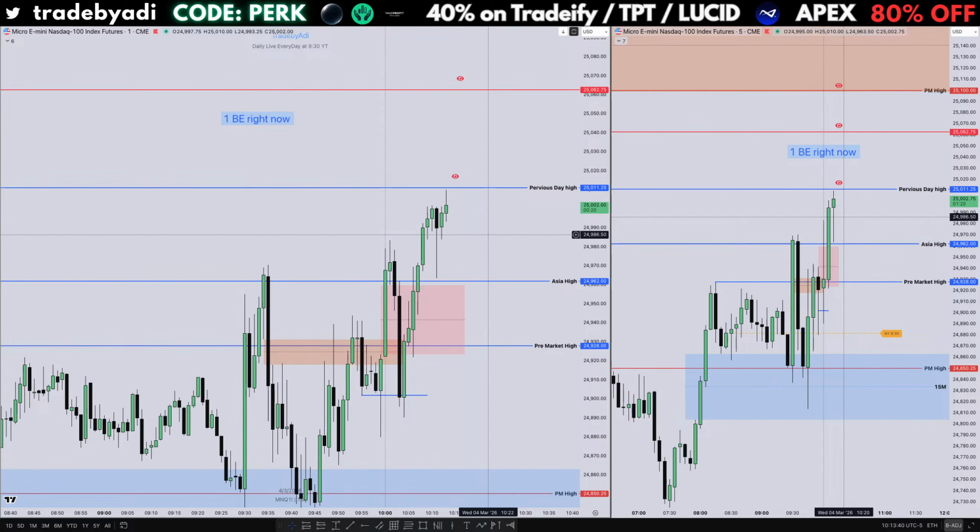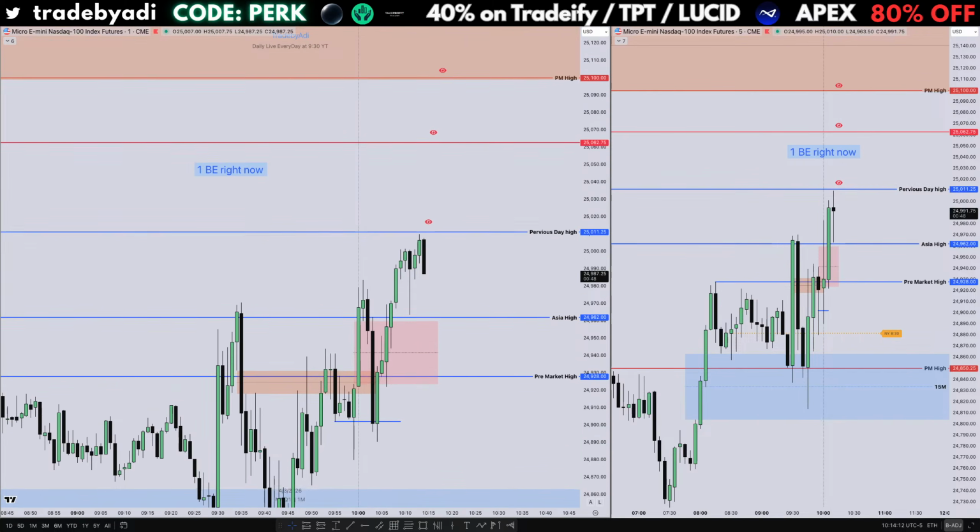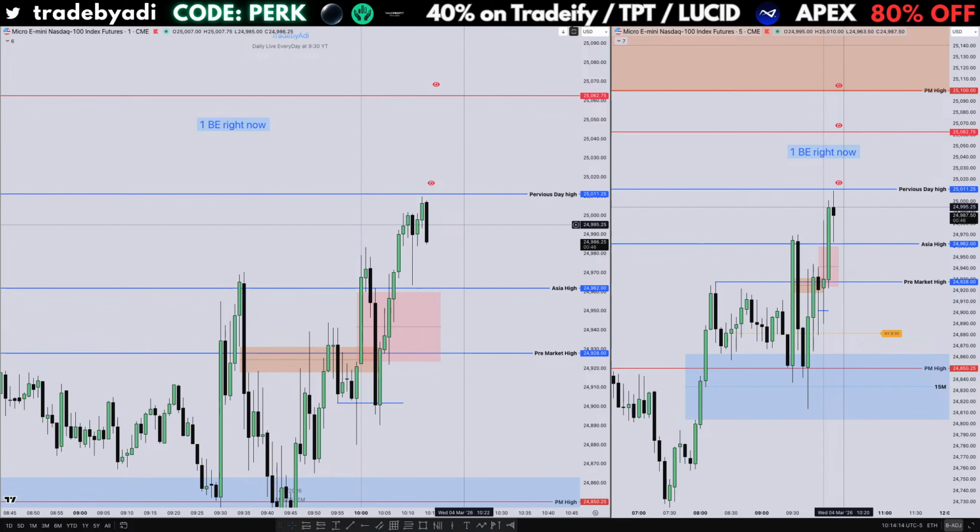If you see, it is not even taking out this previous high. It is literally struggling just to take this high. This is where I was looking for the draw.